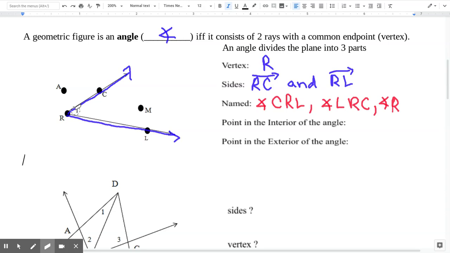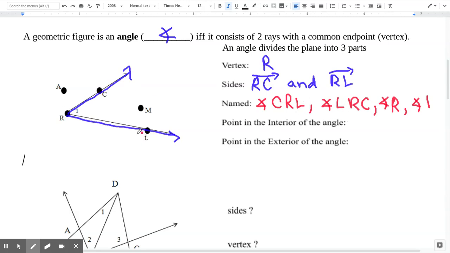So we can also name this angle as angle 1. And that is one of the more common ways. I would say the least common way we're going to name an angle is just by using one letter. You're either going to see it named as a number written in the corner or by using 3 points that are on the sides.